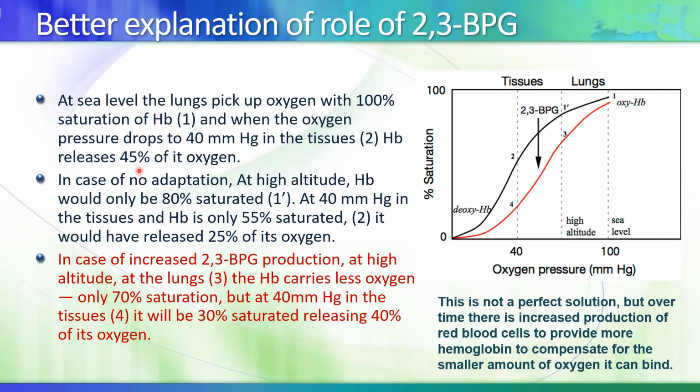Okay, so it's close to normal conditions right here. Now, this is again not a perfect solution, but what happens over time, there is more adaptation. The body produces more red blood cells, producing more hemoglobin molecules to compensate for this 5% loss of oxygen that is released.